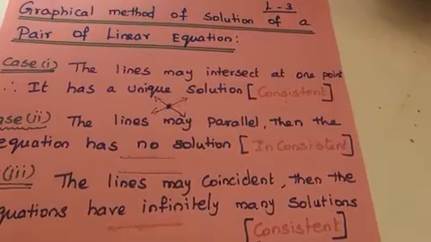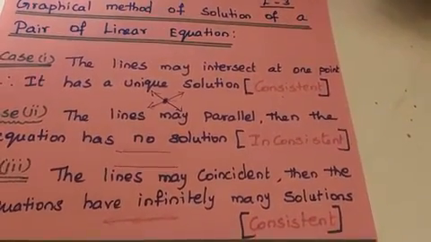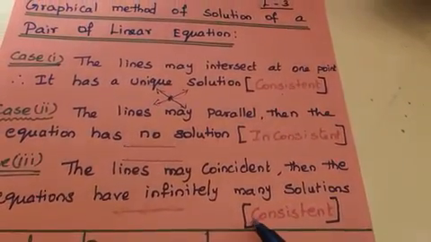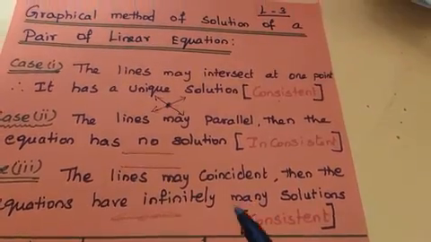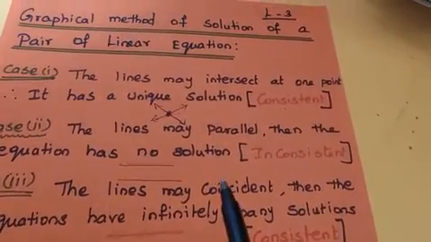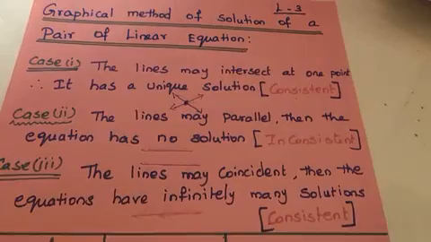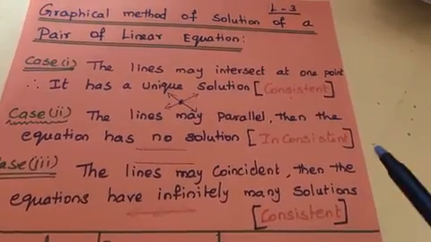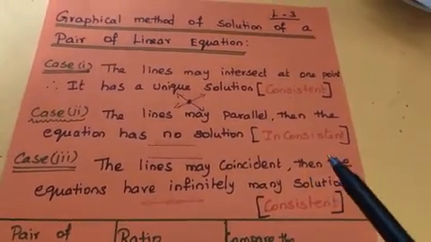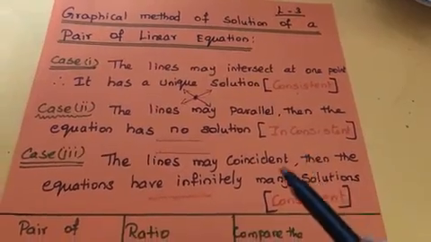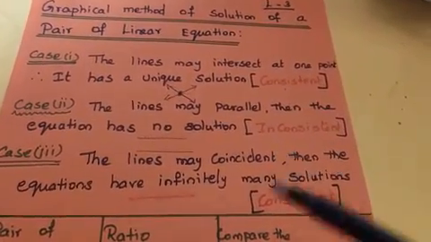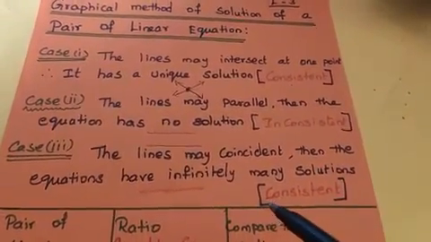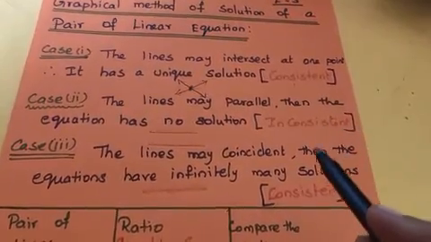If all ratios are equal, then it has infinitely many solutions, that is coincident. And if the first two ratios are equal and the third ratio is not equal, then it is inconsistent, that is parallel. You may be confused about what the first two ratios being equal means and how we will find out the next one. All this confusion may arise in your mind.